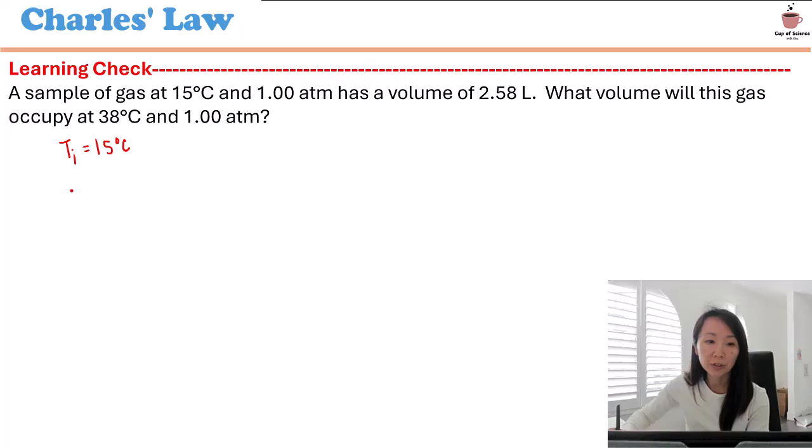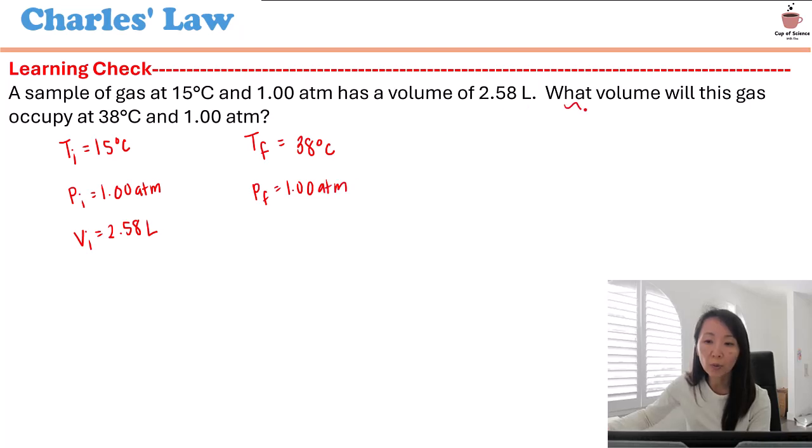The pressure initially is 1.00 atm. It also has an initial volume of 2.58 liters. What about T final? It has increased its temperature to 38 degrees Celsius. The pressure is the same, 1.00 atm, and it's asking for what volume.